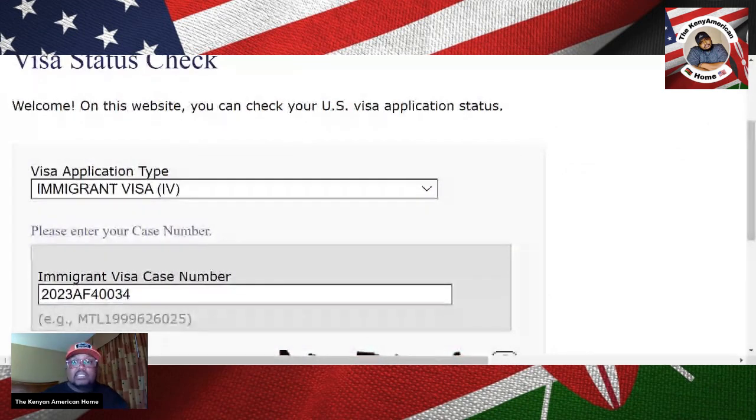That's why you see higher case numbers being processed in one country versus another, and that's really depending on the embassy and how much they're able to take.